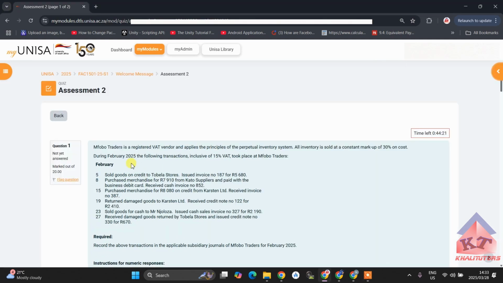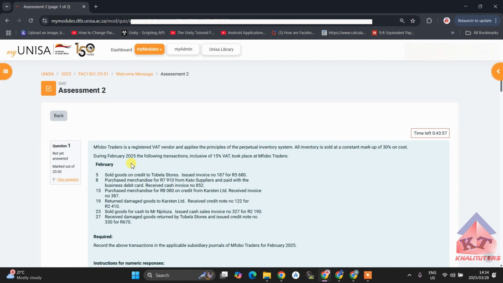Okay, the next statement says, during February 2025, the following transactions, inclusive of 15% VAT, took place at Mfobo Traders. So what they are telling you here is that all these amounts include VAT. So you need to calculate the VAT exclusive amounts.